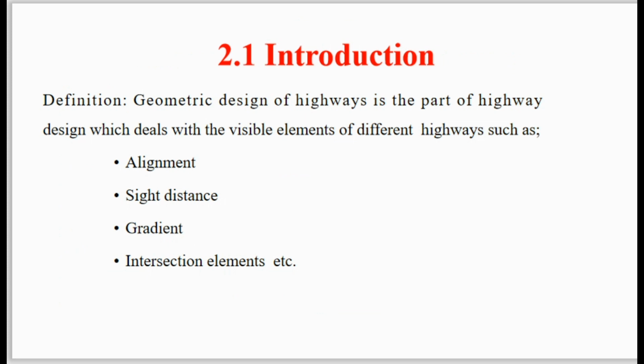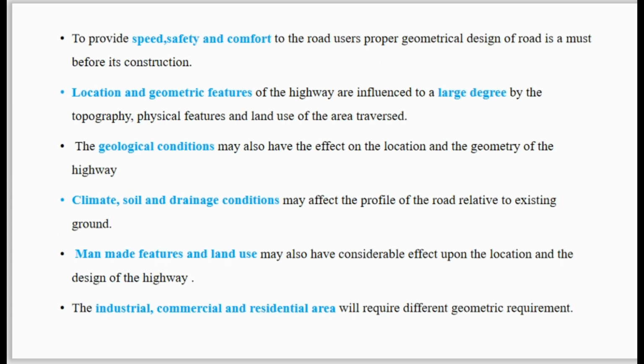The geometrics of the highway should be designed in order to provide optimum efficiency in the traffic operations with maximum safety at an economical cost, and to provide speed, safety, and comfort to the road user. Proper geometrical design of the road is a must.